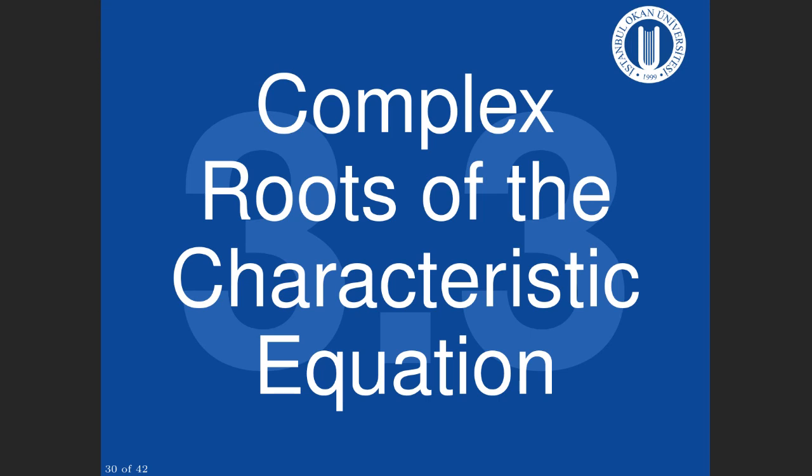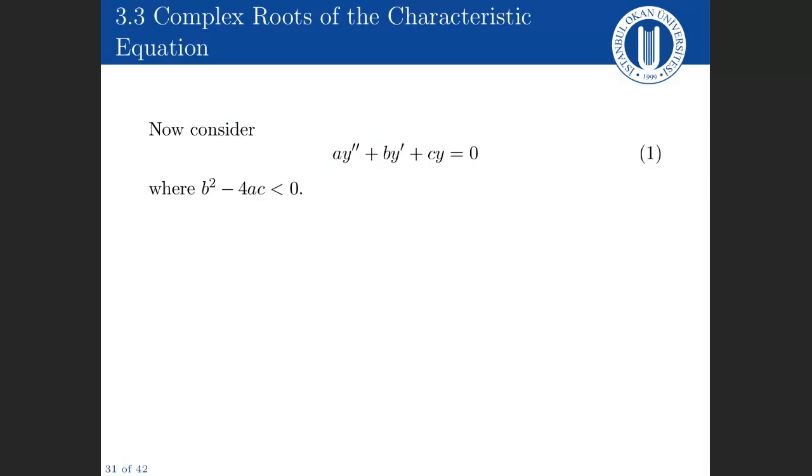Our final topic for today is complex roots of the characteristic equation. I'm going to go back to the homogeneous linear second order differential equation with constant coefficients. In other words, ay double prime plus by prime plus cy is equal to 0.